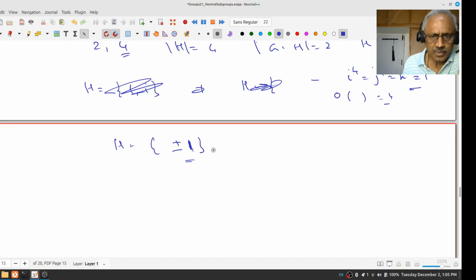This is a subgroup. But this H is normal in G. Why? If I take any element, if identity, no problem.